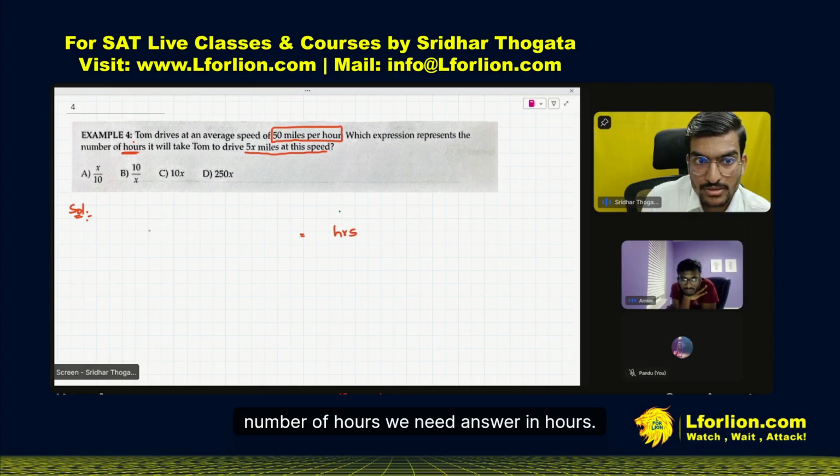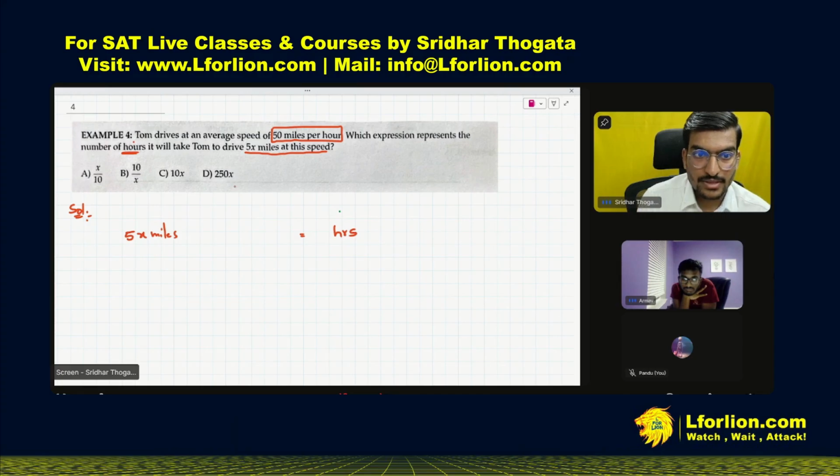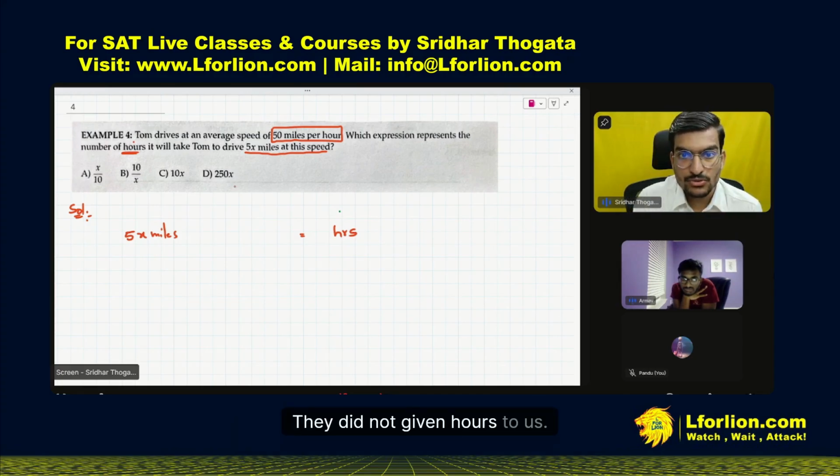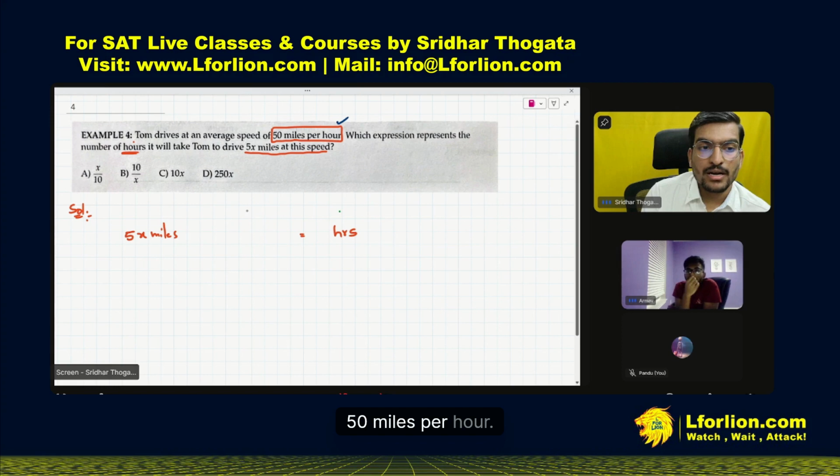We need the answer in hours and they gave us 5x miles, right? They did not give hours to us. That's what they're asking us to find, the number of hours. And how can we get this? We know some information from this. What is this? 50 miles per hour.